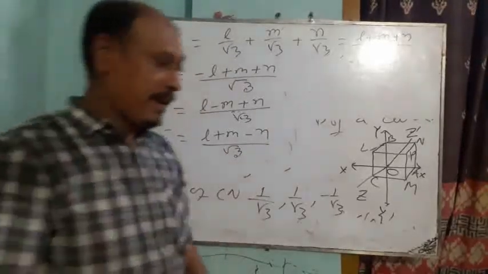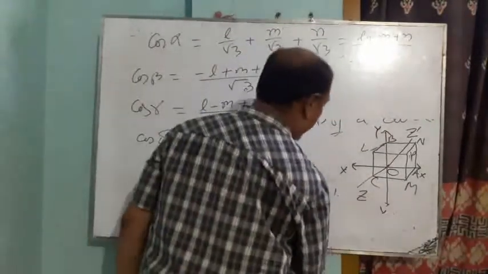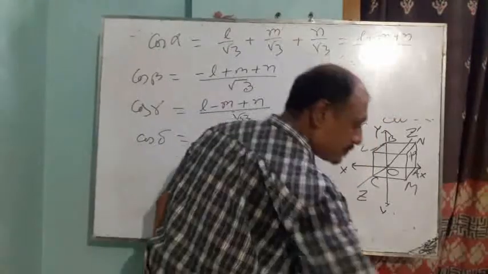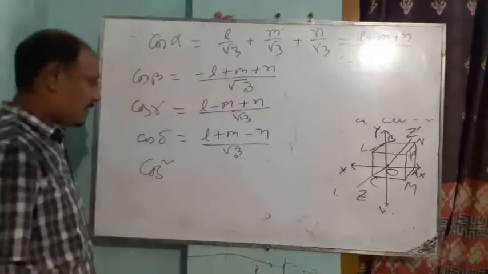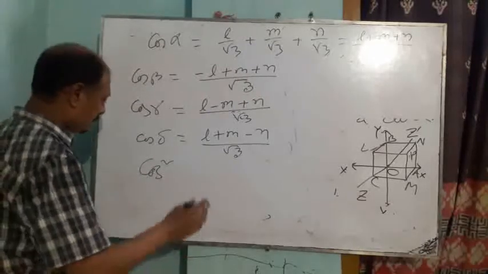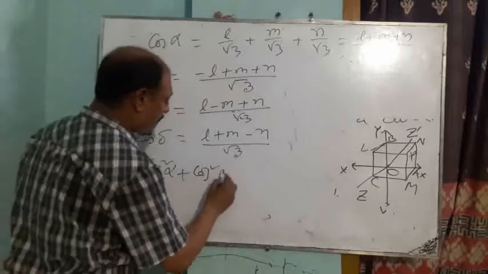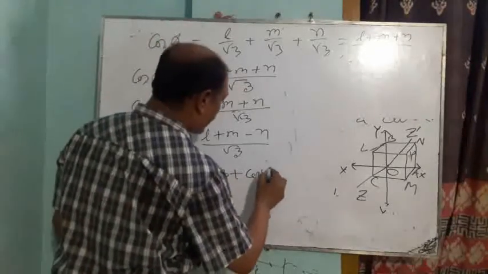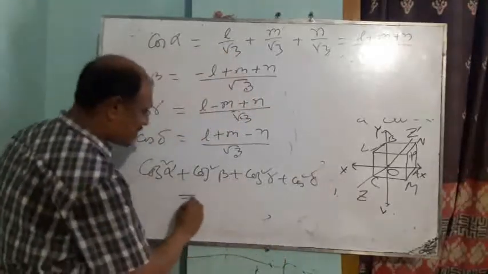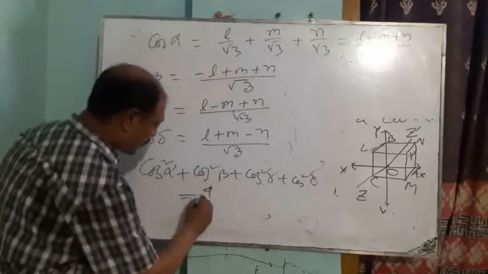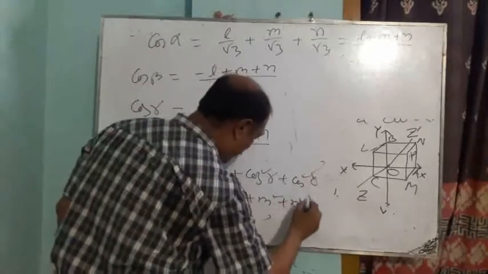Now we can write cos square alpha plus cos square beta plus cos square gamma plus cos square delta is equal to 4 by 3 times L square plus M square plus N square.